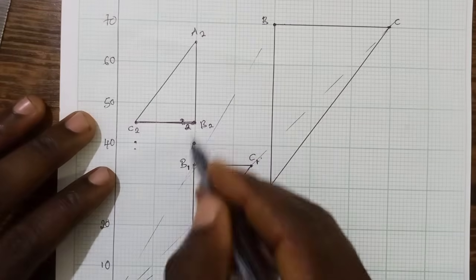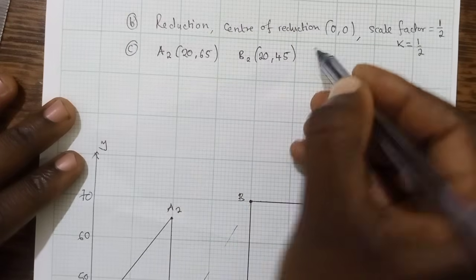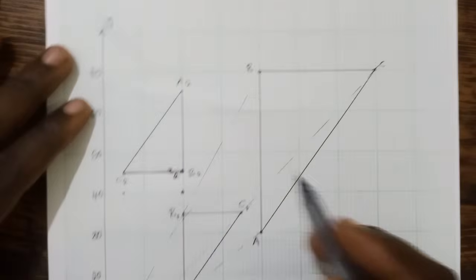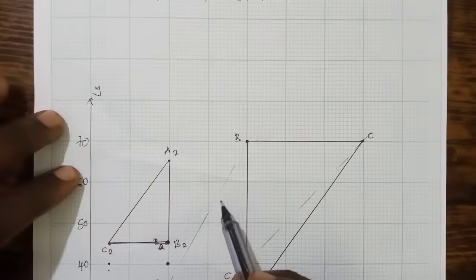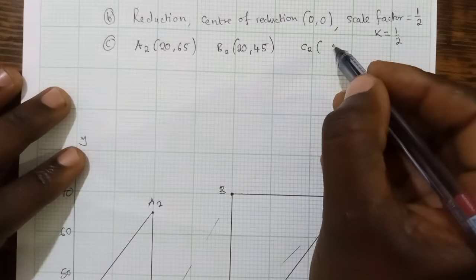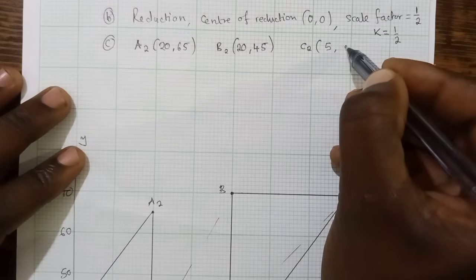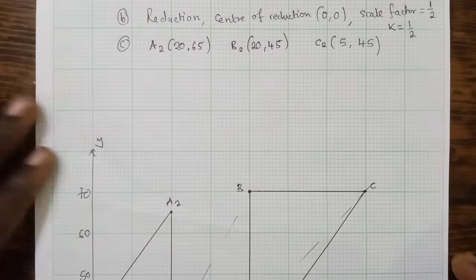So B2 is 20,45. Go to our C2. Our C2 is right here, which is 5,45. Right here it's 10, so this is 5. So these are the coordinates for C.